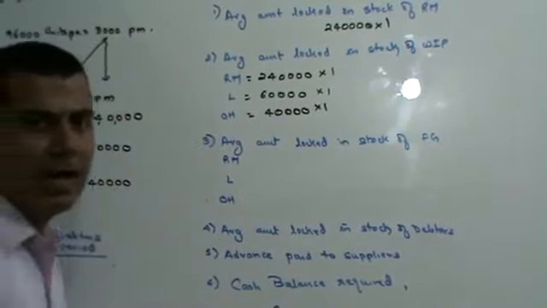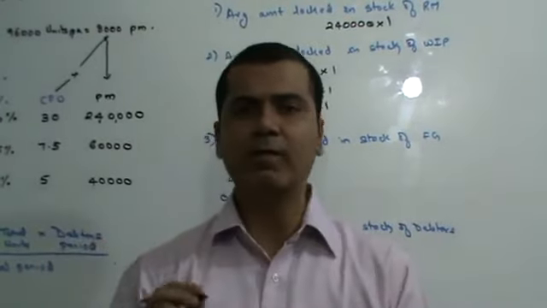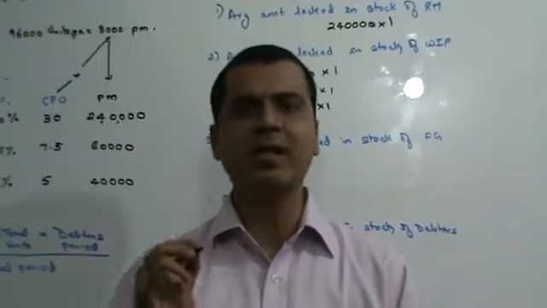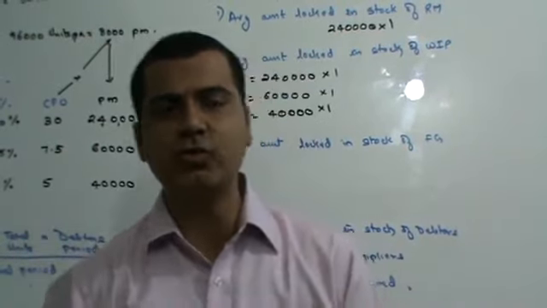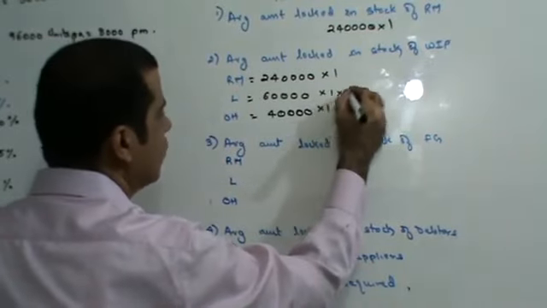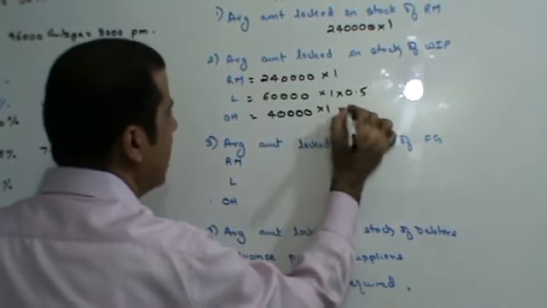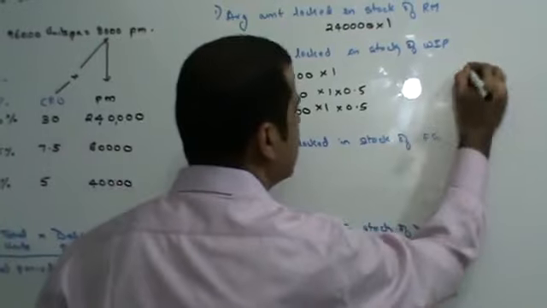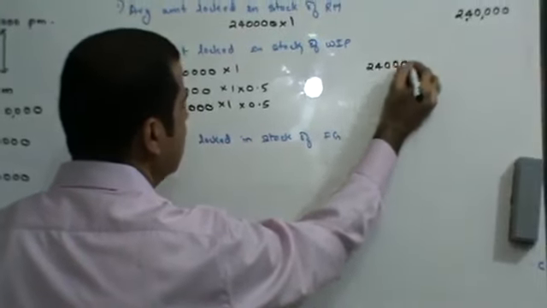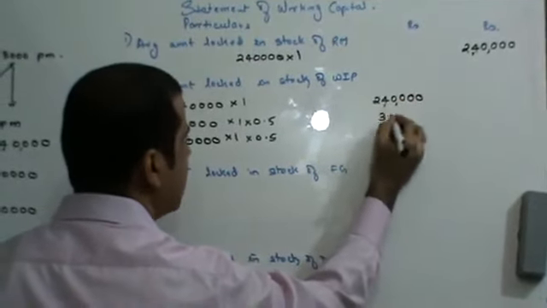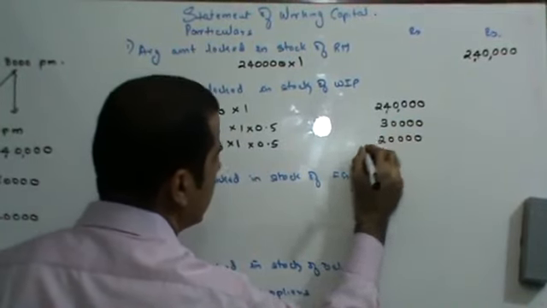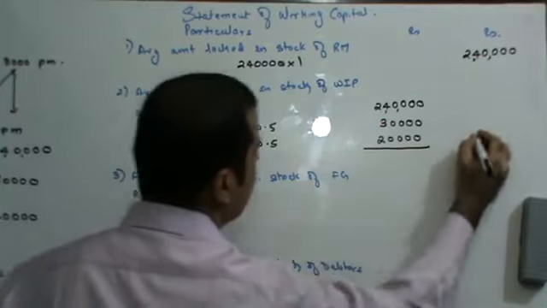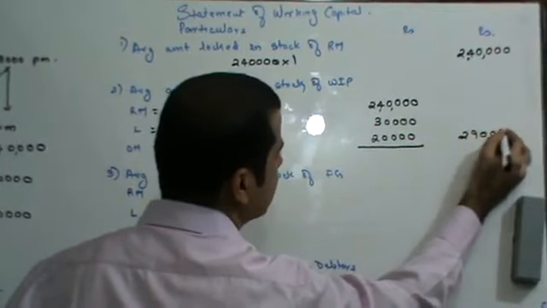Now if you remember, I told you this rule that whenever you are doing work in progress, labor and overheads have to be multiplied with an extra 0.5. So you will multiply with 0.5 and 0.5. This is 2,40,000, this is going to be 30,000 and this is going to be 20,000. So 270, 290, 2,90,000.